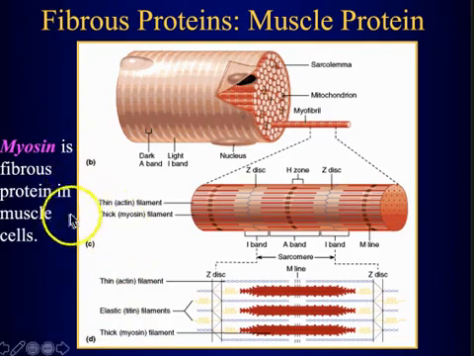The myosin is like a hook and loop structure. So we think of it like Velcro. There's one side that's kind of the rough side that has all of the hooks on it, and then there's kind of the fuzzy side where it has all the loops. Well, the myosin in our muscles is all of the hooks, and our actin will be all of the loops.